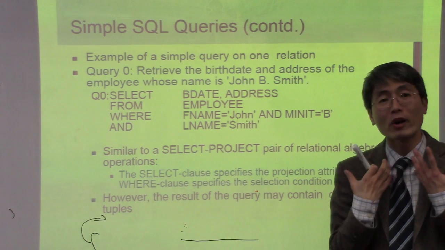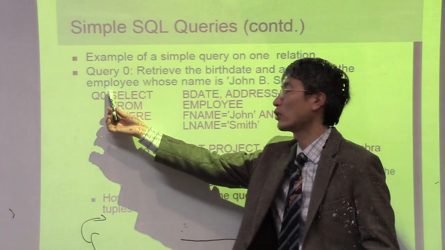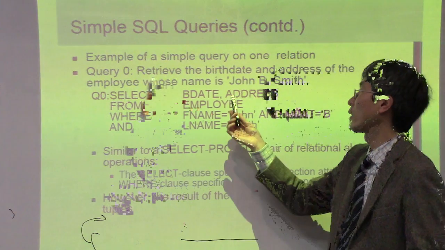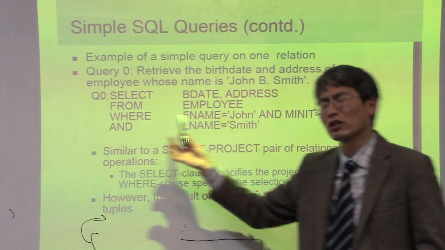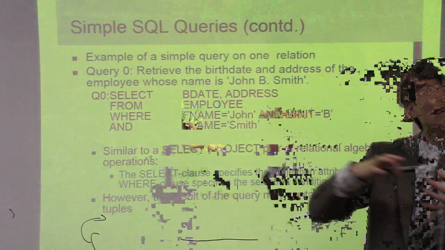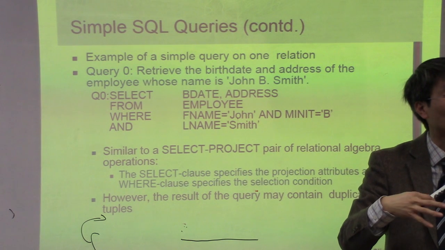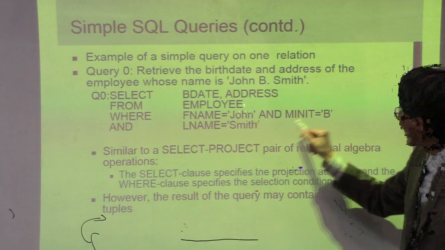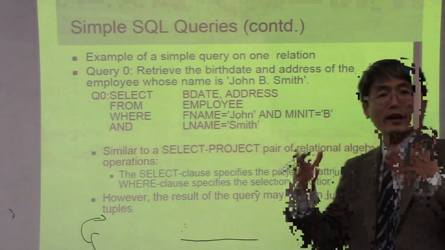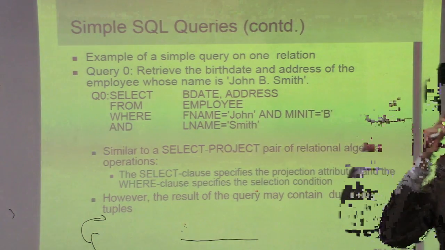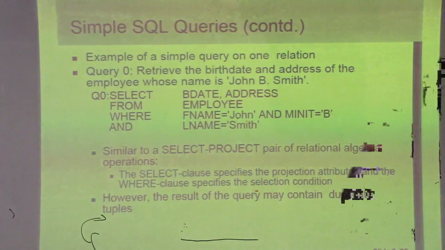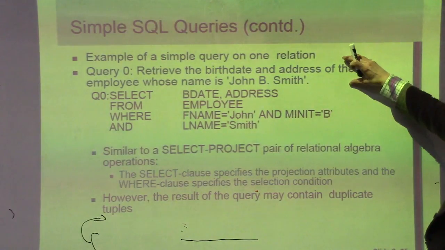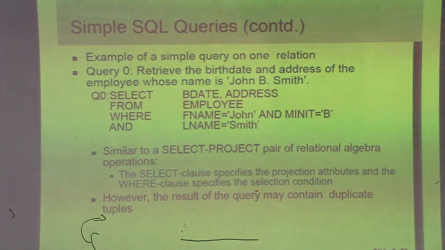But for our convenience, sometimes we have a rule, like the reserved words are capital letters, and also the data structure, the table name, is in capital letters. It depends on your project manager or the project policy. But John B. Smith should be as it is. The data in the quotation marks is case sensitive. We already did the same query in our relational algebra.